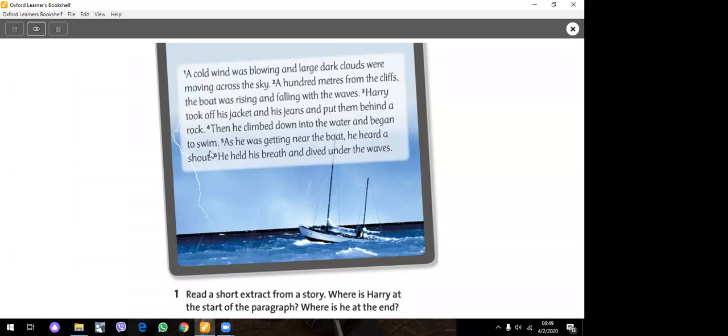Yes, where is Harry at the start of the paragraph? Is he in the sea? Yes. Are you sure? No. He is on the shore.